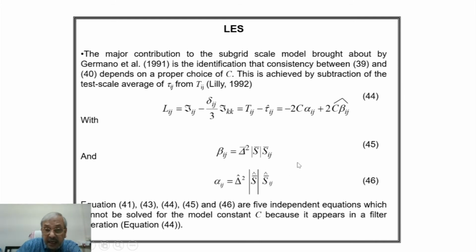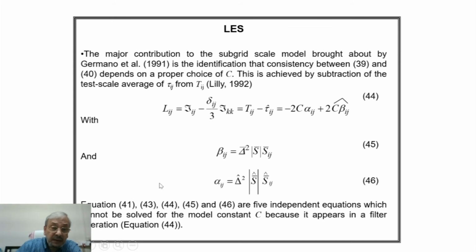This means again half del xj of u plus del xi of u, del half into del xj of ui plus del xi of uj. Ui and uj are average velocities at the test level, test filter level.